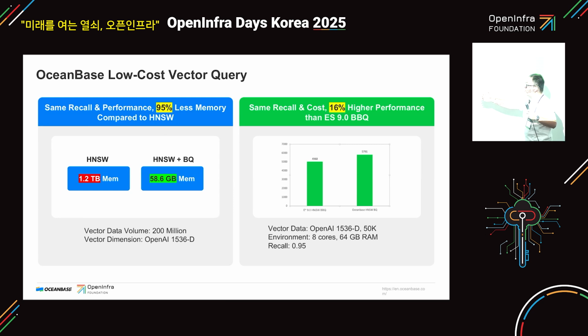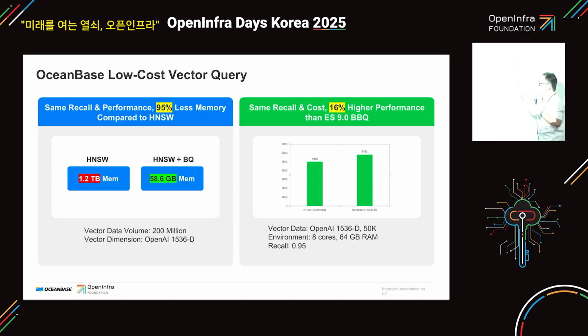But for OceanBase, with the combination of HNSW and the BQ algorithm, it only needs 58 GB memory. It's a 95% memory reduction. For OceanBase, not only is there memory reduction, but it also has strong performance.